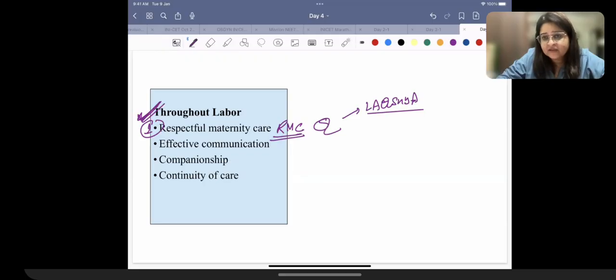PSM में पढ़ा होगा है ना? So it is sort of standardizing the labor rooms around the country. It is like an accreditation of labor rooms around the country. So a very important component of Lakshya and of WHO is respectful maternity care. Okay, yes, there is so much lack of RMC in government hospitals in India. It's actually very, very sad. But I don't know what the possible reason could be.